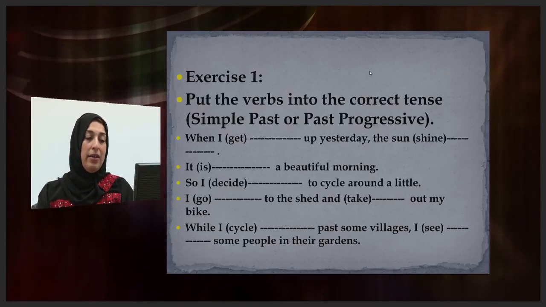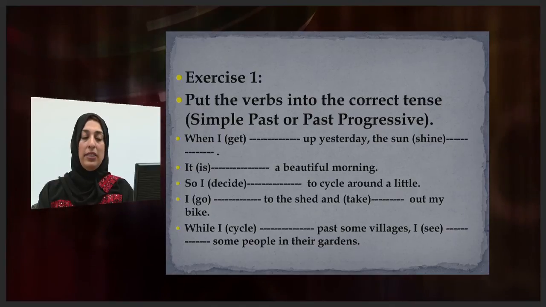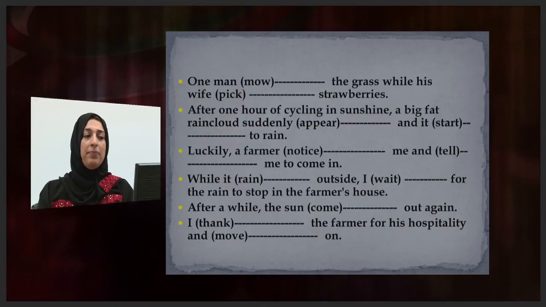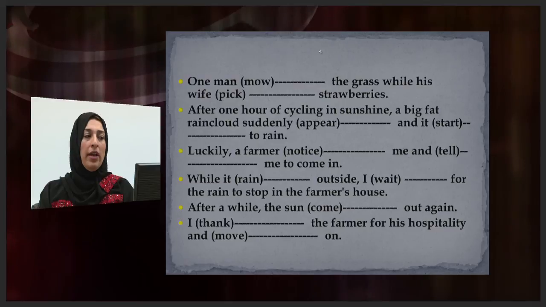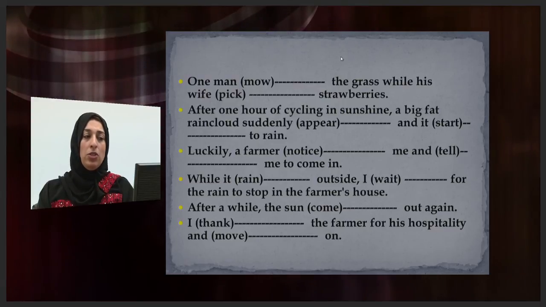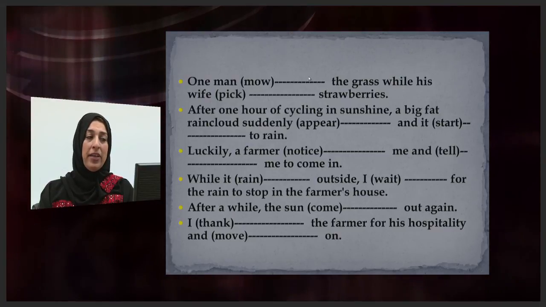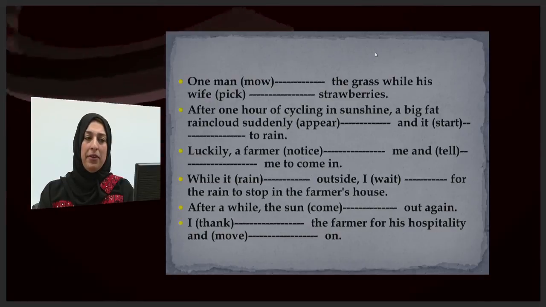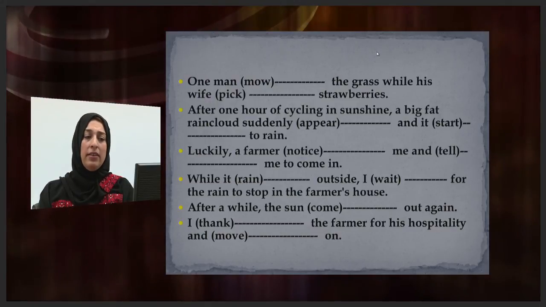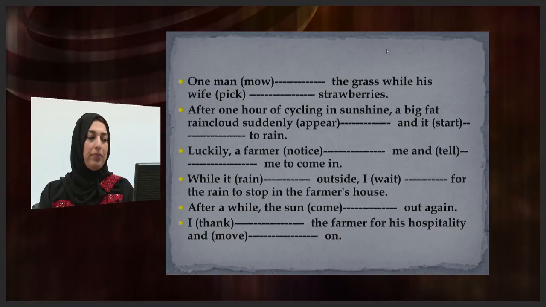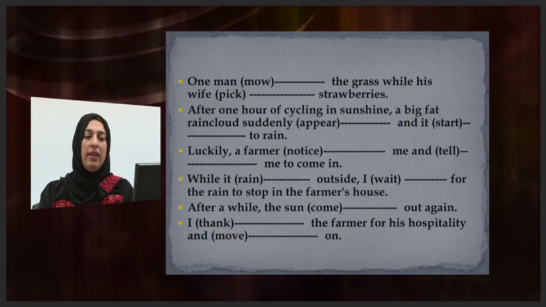While I cycle past some villages, I see some people in their gardens. One man mows the grass while his wife picks strawberries. After 1 hour of cycling in sunshine, a big fat rain cloud suddenly appeared, and it started to rain. Luckily, a farmer noticed me and told me to come in.